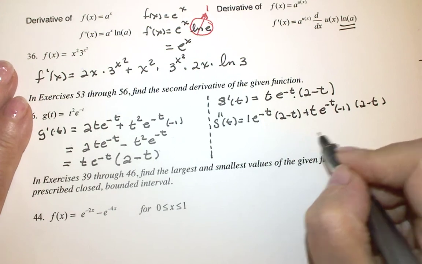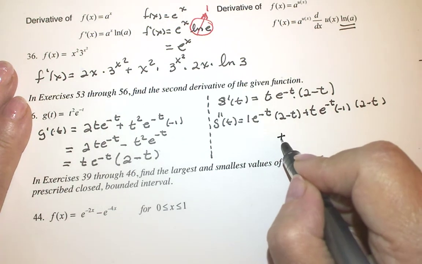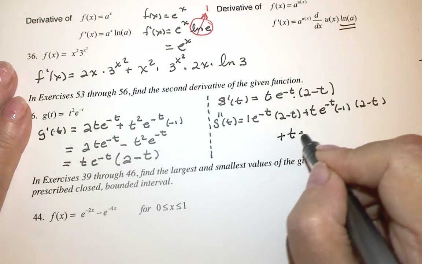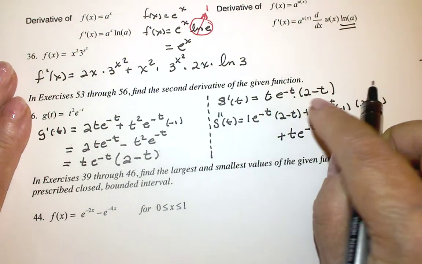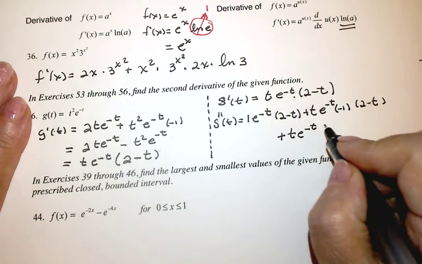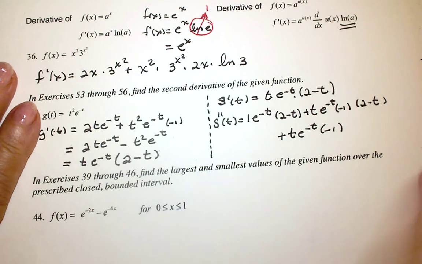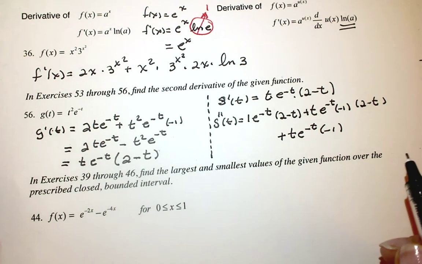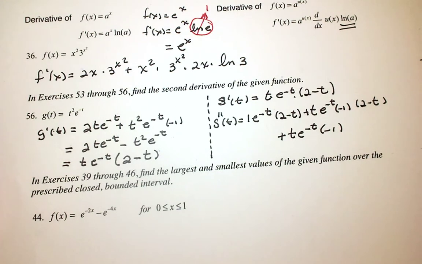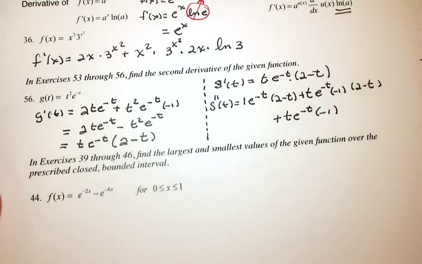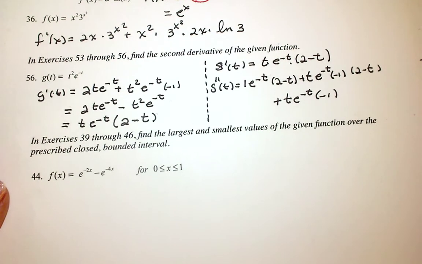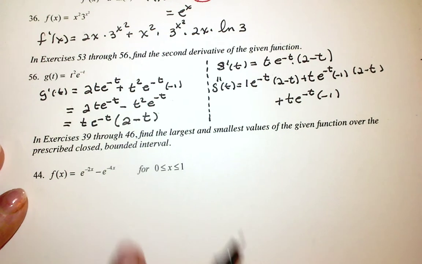And plus t e to the minus t. The derivative of 2 minus t is just minus 1. And since I don't have enough room, we're just going to have to leave it that way without simplification, because I don't have enough space.